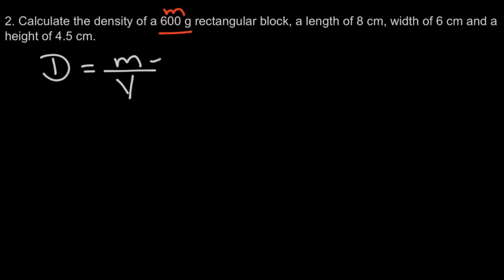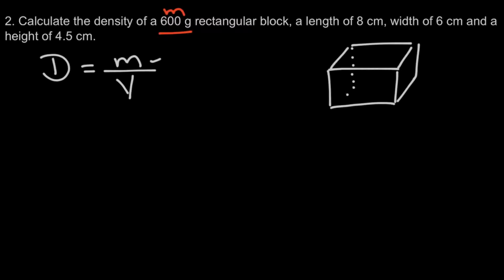So if I were to draw this rectangular block here, it has a length of 8 centimeters, so that's the measurement of the block. The width is 6 centimeters and the height is 4.5 centimeters.